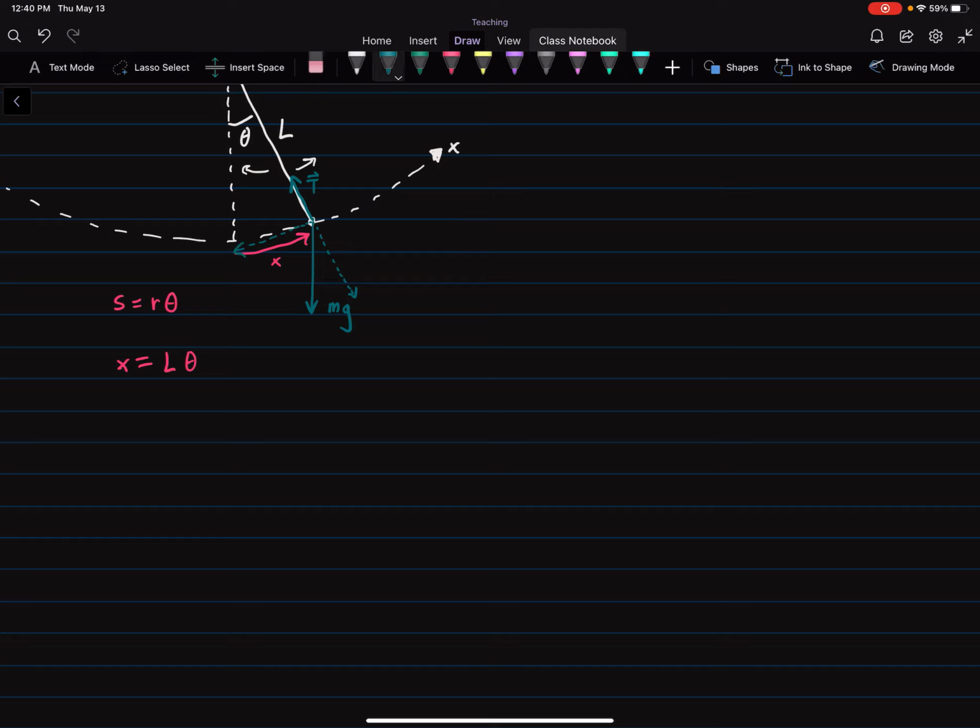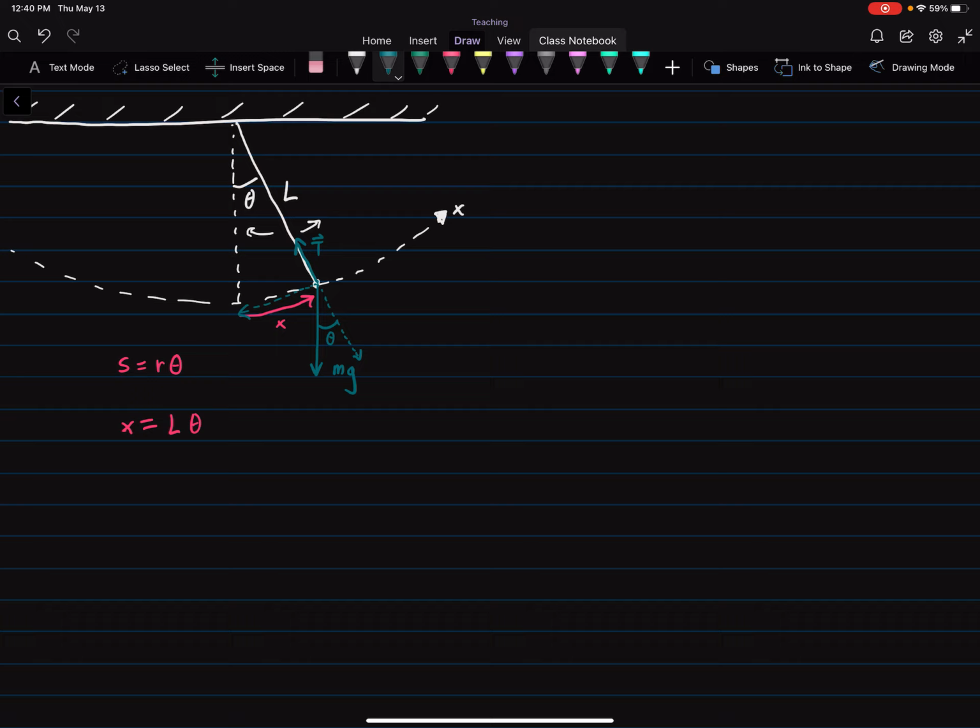So, if we notice that this is still the same angle, theta, then this here would be mg cosine theta, and this here would be mg sine theta. Make sure you agree with that.